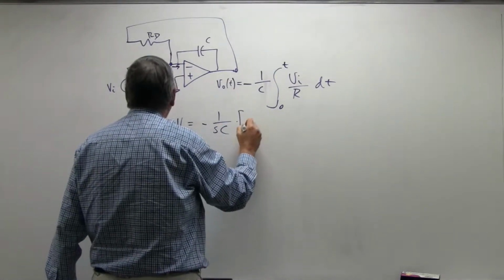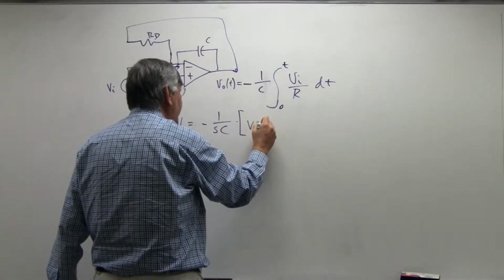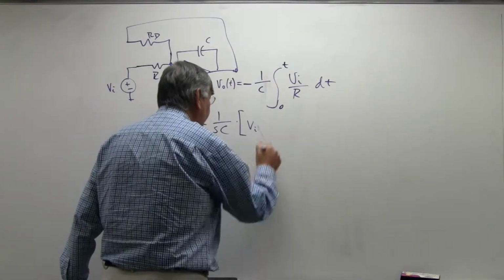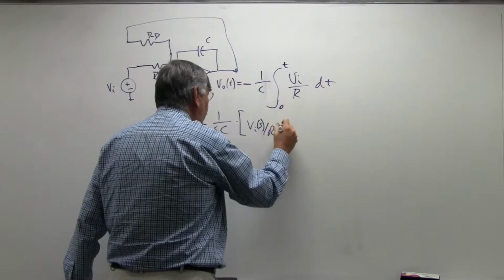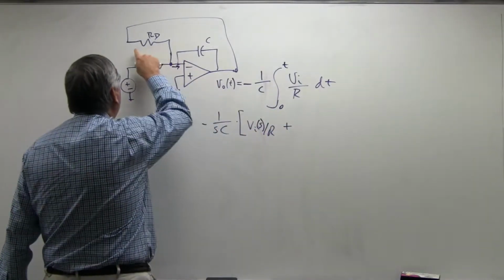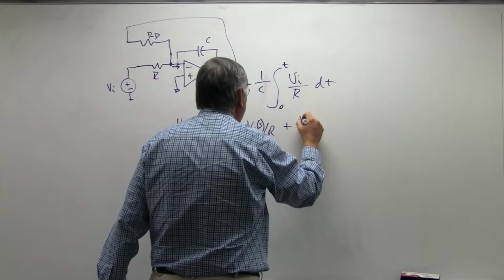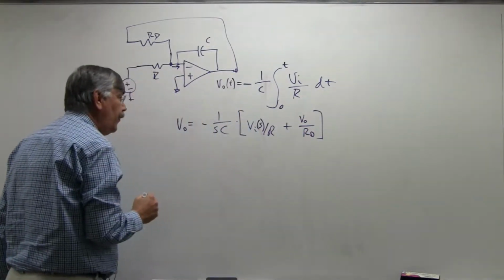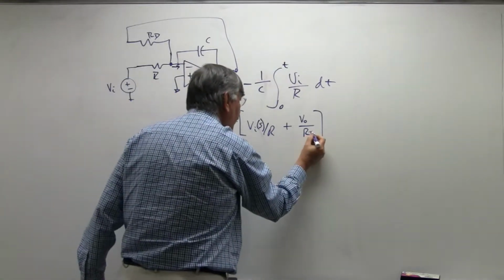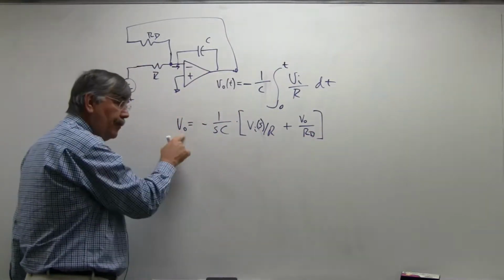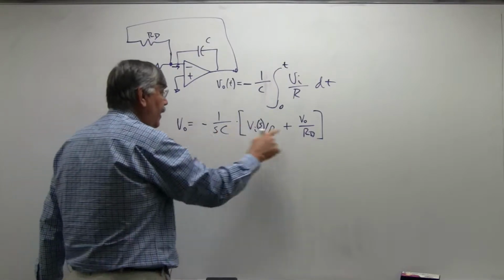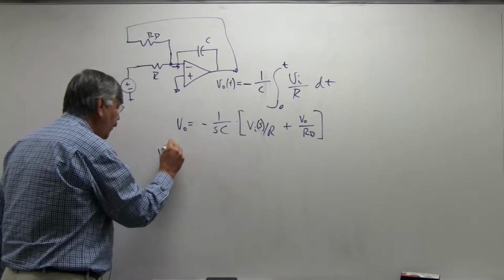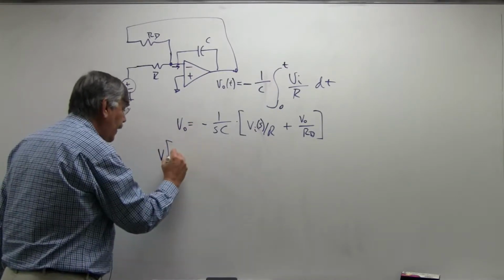And the current is V sub I of S over R plus V out over RD. Now this is interesting. This is in the form of a feedback thing. When you see an equation where on the left-hand side you've got the output, and on the right-hand side you've got something that depends on the output, there's sort of a standard algebraic maneuver that I always like to do.